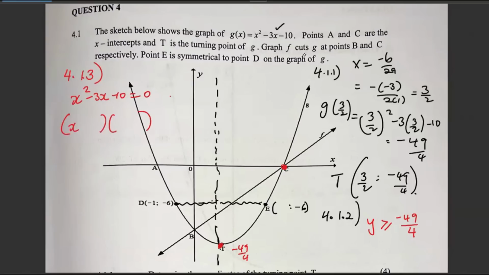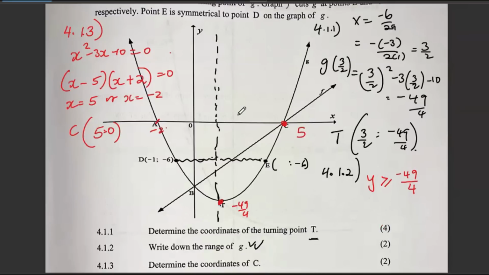This is x. It should be a 5 and a 2, minus and plus. We said 5 and 2, meaning that x is 5 or x is -2. Therefore, C is going to be 5, 0. So this is -2. Okay, that's what the question wanted.